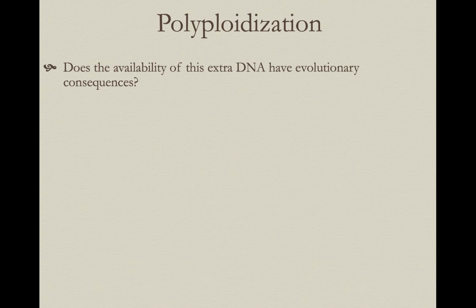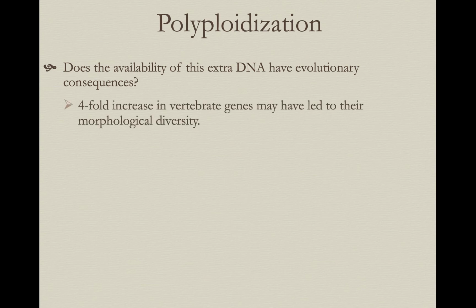Well, what are the consequences of polyploidization from an evolutionary perspective? We have some interesting cases in which it looks like it's actually a good thing. We see a fourfold increase in vertebrate genes in the early ancestor of vertebrates. So if you look at the lineage from non-vertebrate chordates to vertebrates, at that common ancestor, there was a fourfold increase in the number of genes.